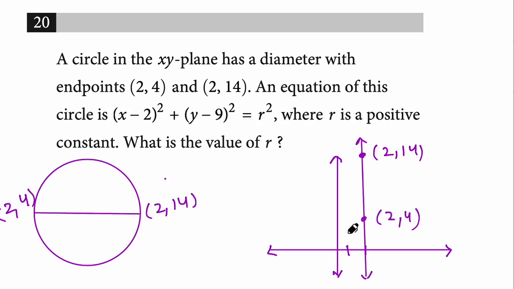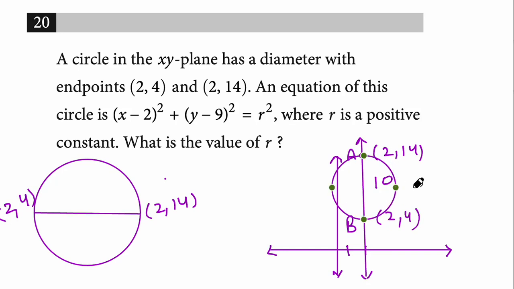Now if you just see the concept, the length of this line segment AB is 14 minus 4, which is 10, right? And the circle is passing through these points. This is not a proper circle, just imagine a proper circle over here.